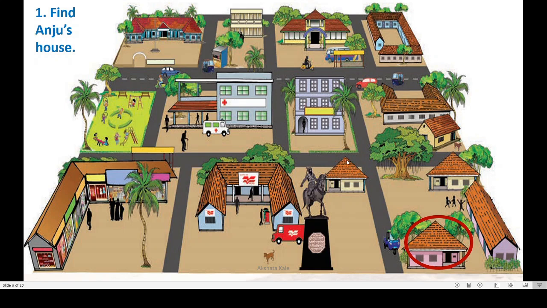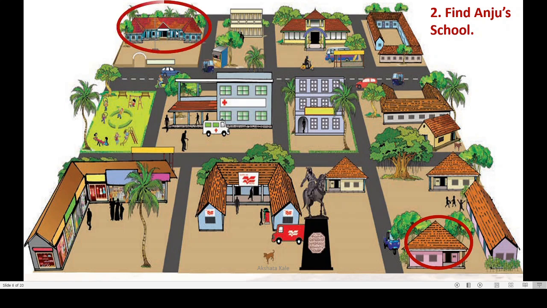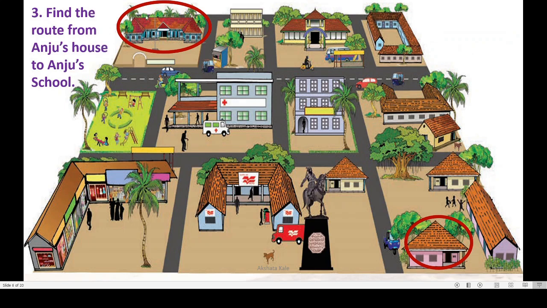Okay, now second question. Find Anju's school. We have to search for Anju's school. Yes, here it is. This is Anju's school. Okay. Now we will move to third question. Find the route from Anju's house to Anju's school. Dear children, we know Anju's house is here and Anju's school is here.